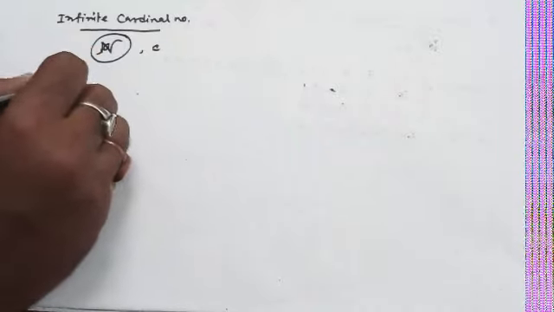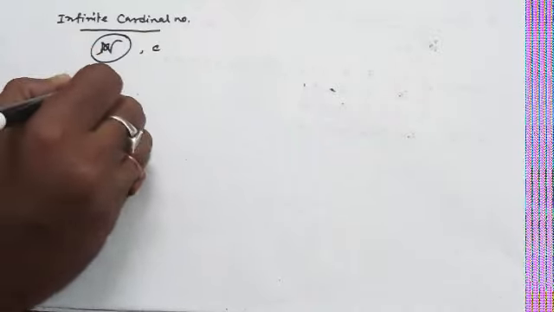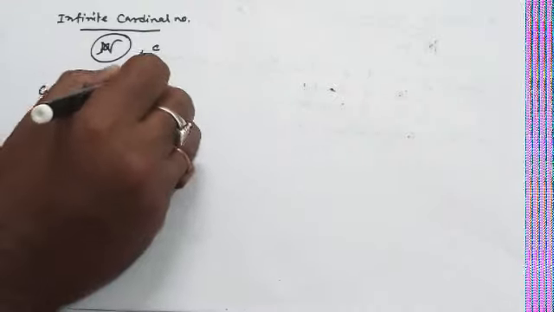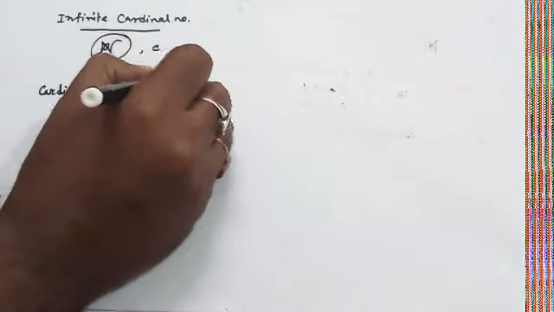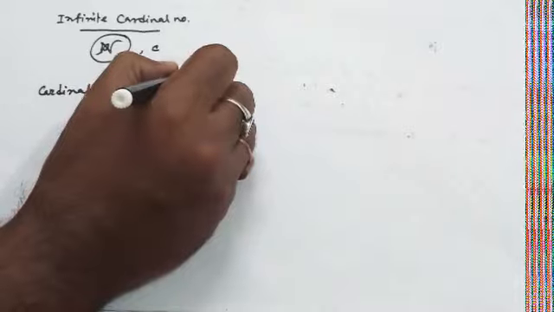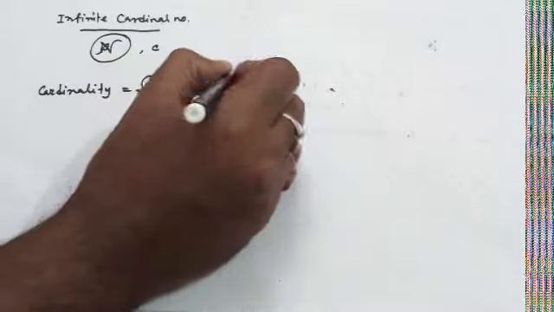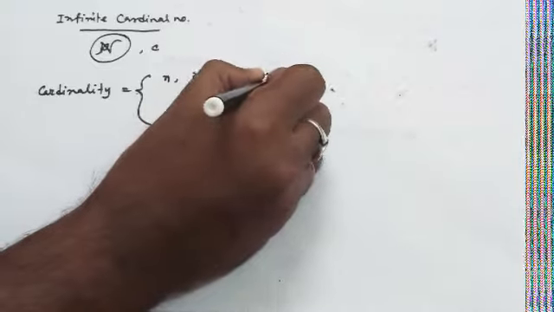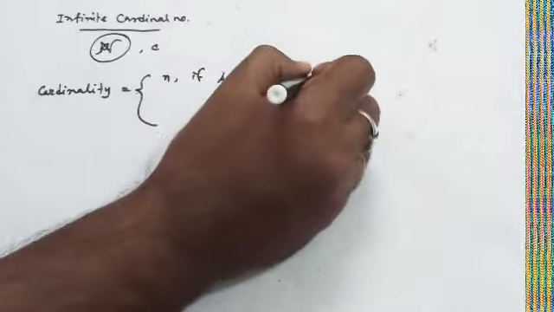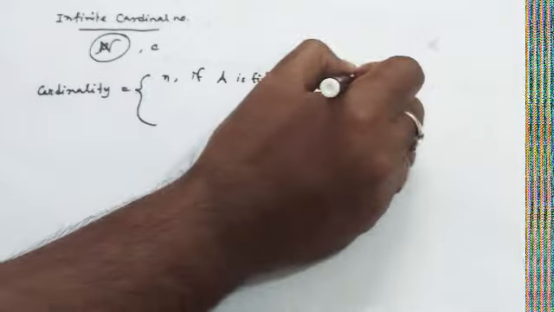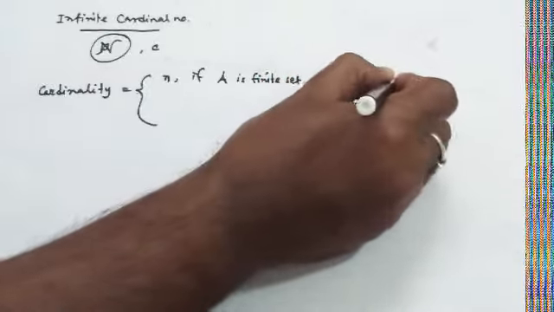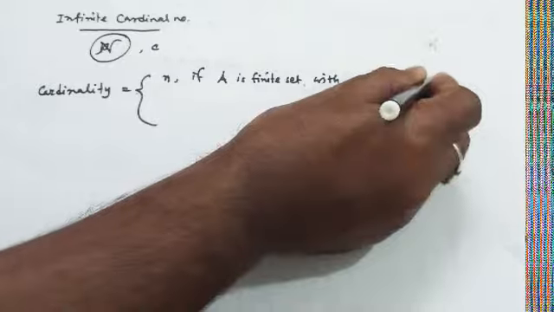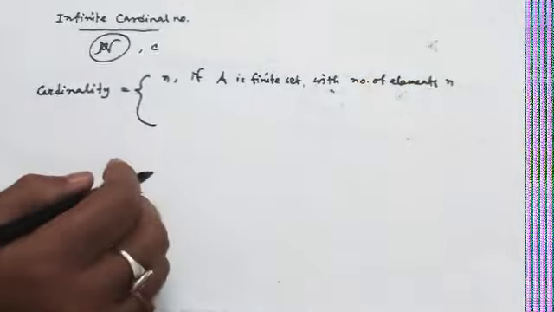So cardinality, take it as your note. Cardinality is n if set A is a finite set with number of elements equal to n.